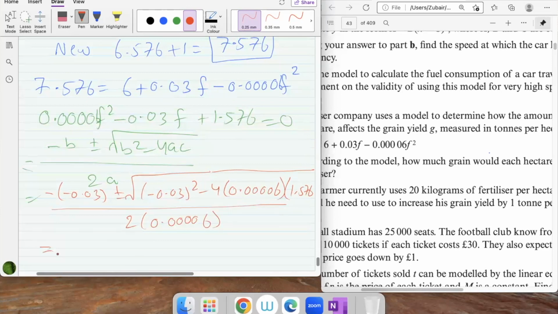Again using the calculator: 0.03 plus the square root of 0.03 squared minus 4 into 0.12346 into 1.576, divided by 2 into 0.12346. So the first answer is 440 with the positive sign, and the next answer with the negative sign is 59.64.